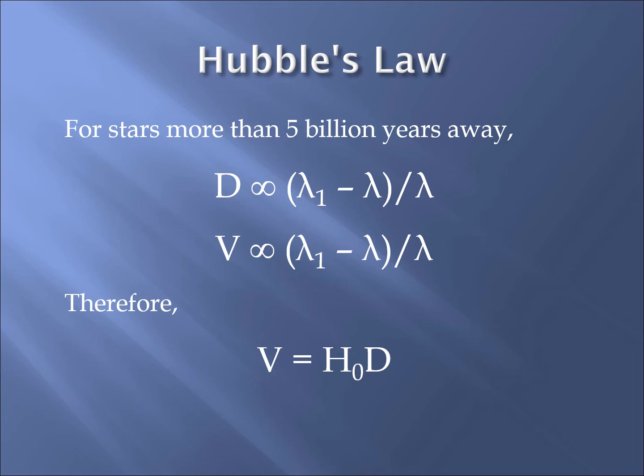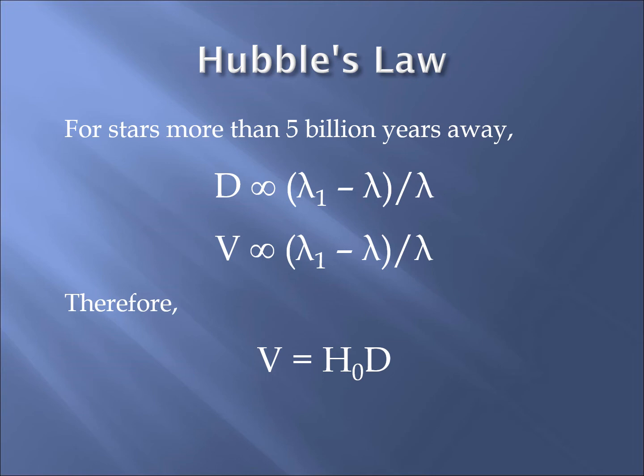Hubble's law can be represented as follows. For stars more than 5 billion light years away, D is proportional to (lambda 1 minus lambda) over lambda. V is proportional to (lambda 1 minus lambda) over lambda.